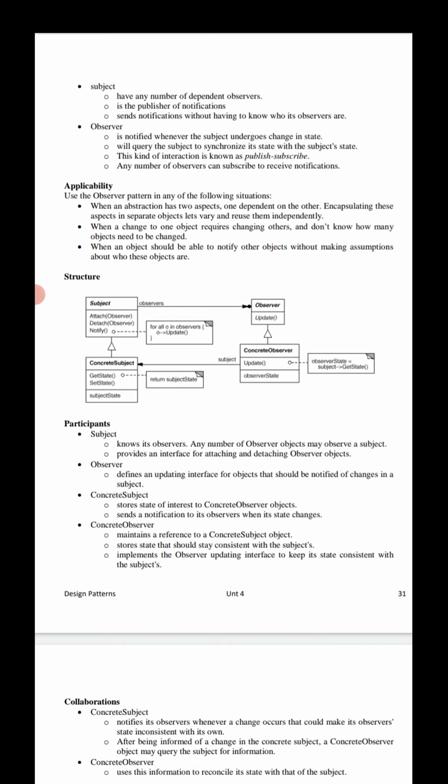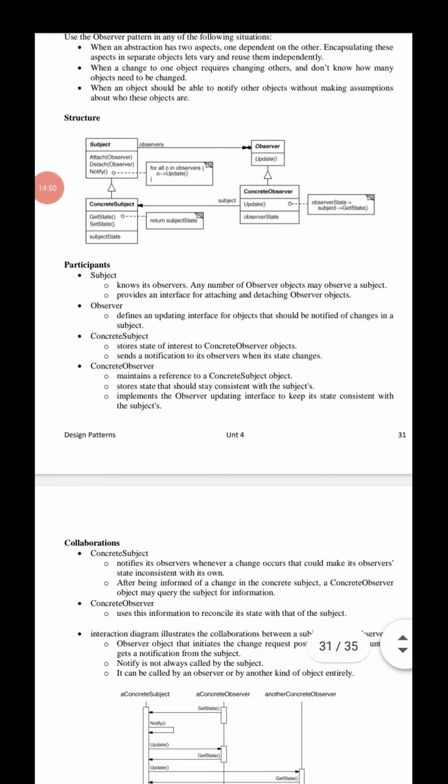Coming to the structure, it represents how the classes and objects are arranged and which operations should be performed. Now let us see the subject. The subject knows its observers. Any number of observer objects may observe a subject.